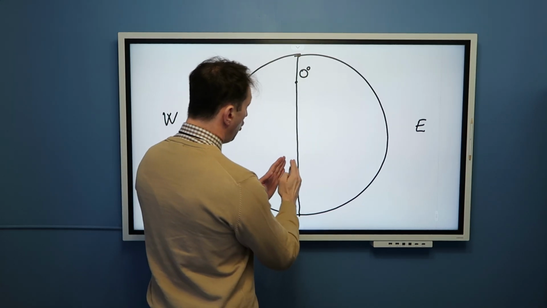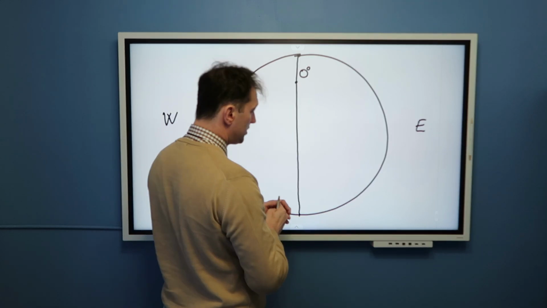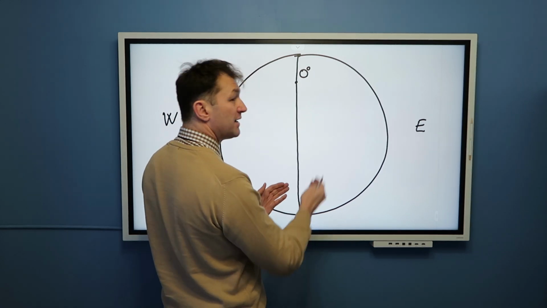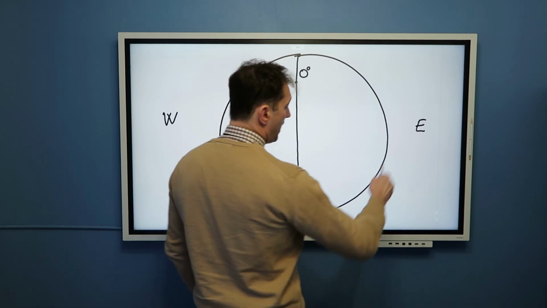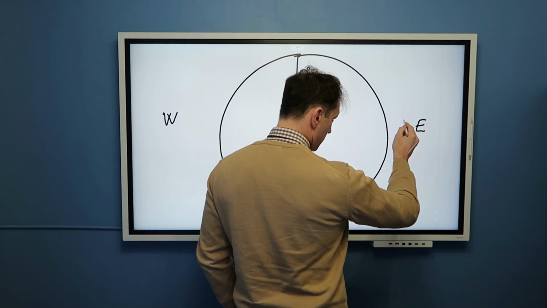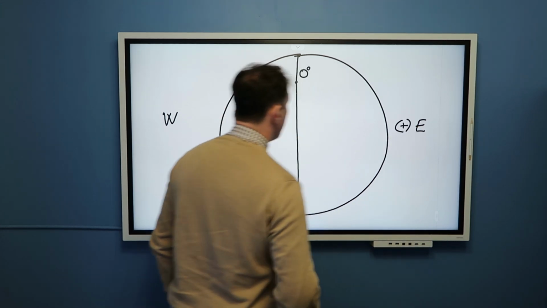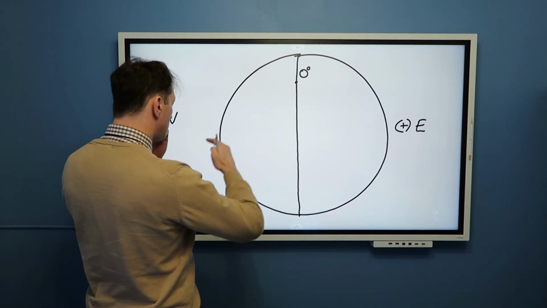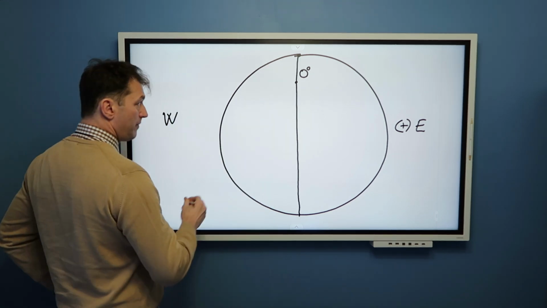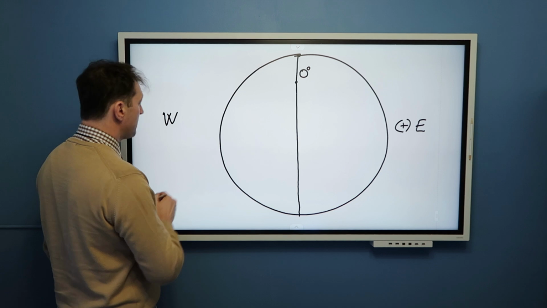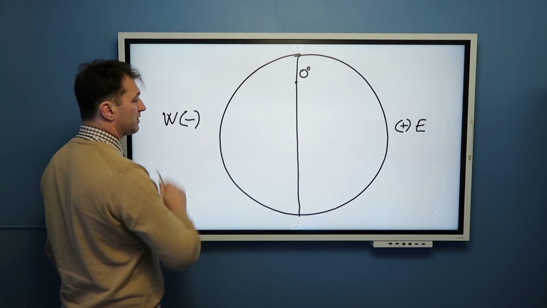And then all longitudes between 0 degrees and 180 degrees are eastern longitudes, and by convention they are positive. And all longitudes between 0 and 180 degrees in the west hemisphere are by convention negative.